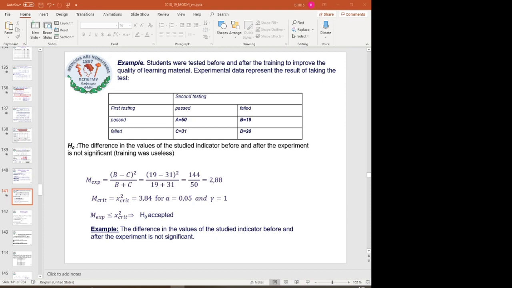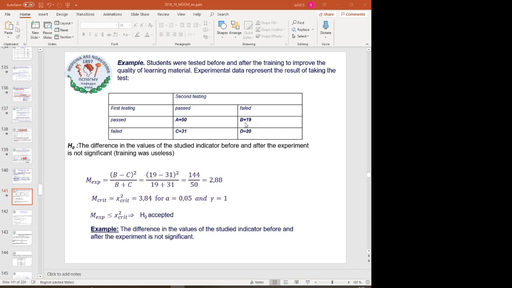Let us consider an example. Students were tested before and after training to improve their knowledge of the material. Experimental data represent the results of taking the test. Let the columns denote the new test, the second testing, and the rows denote the first testing before the training. 50 students passed before and after the training, so they had and still have good knowledge.